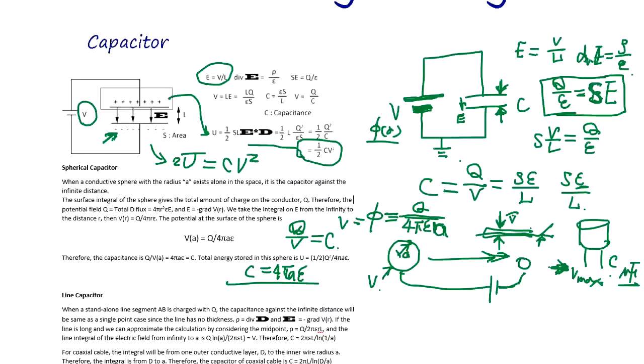That's the entire capacitor energy. Students often ask, why is there no one over two in the capacitor? Because you have two conductors on both sides. If it's a single conductor, this is correct. That's what you learn in physics. But electrical engineers always use this because practically you measure a capacitor between the positive and negative nodes. And this kind of single-conductor capacitor is an ideal capacitor used only in physics, right?